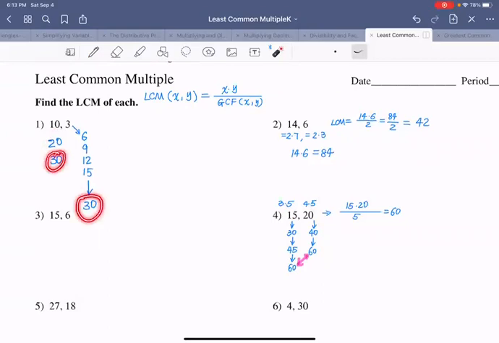That's your least common multiple. And you say, teacher, if I go to 60, this one goes to 60 too. This is also a common multiple. Why don't you choose 60? You are looking for the least one. 30, 60, 90, and so on are all called common multiples, but not the least one. So the least one is 30.